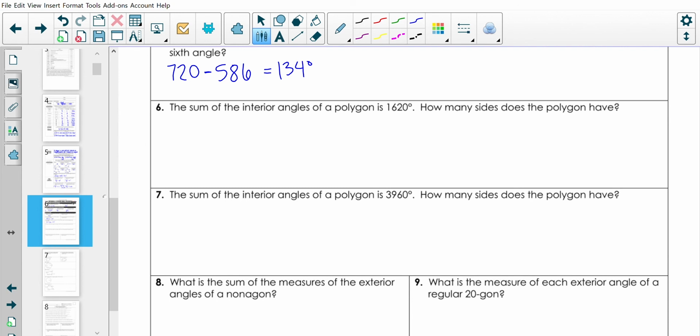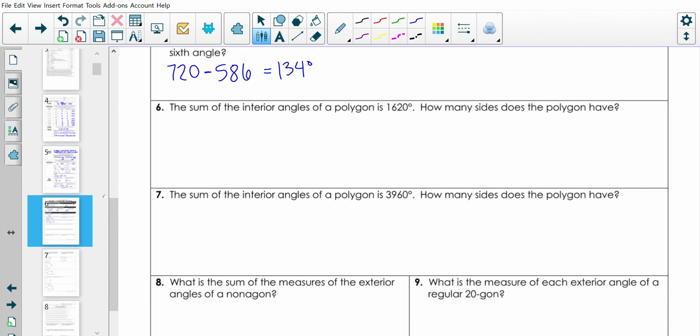The sum of the interior angles of a polygon is 3,960. How many sides does the polygon have? Let me think real quick. So we know what the sum of the interior angles is.